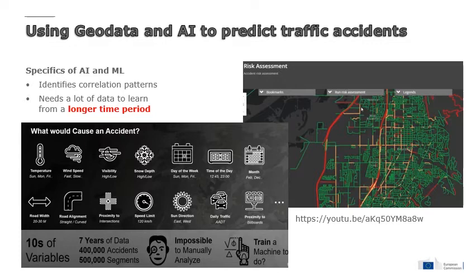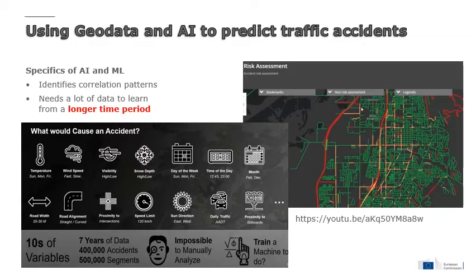So the benefits of an AI or machine learning applications are that it can identify patterns from huge amount of data, which could possibly be too difficult or even impossible to analyze manually. And we need a lot of data to train the machine to give it useful information so that it gives us useful predictions.